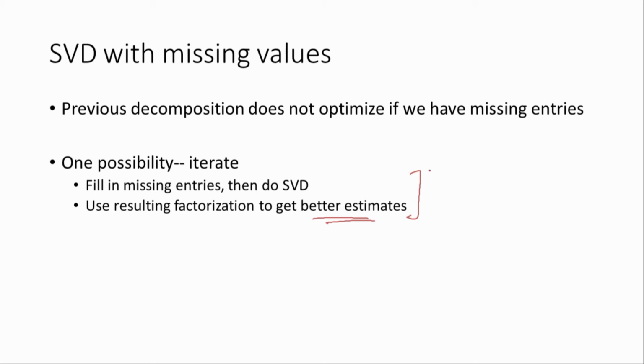And once you have the SVD, you again try to re-estimate the averages, and then keep on doing this. So this is one way in which you can use an iterative algorithm in which you can use SVD here. You're trying to minimize the error with respect to the entries in the training matrix.